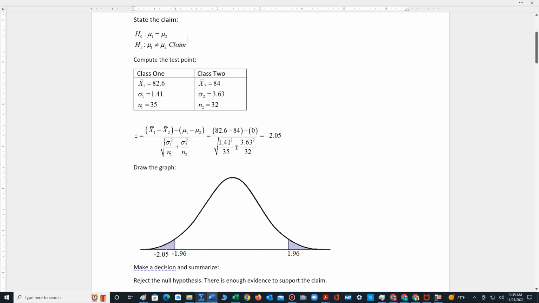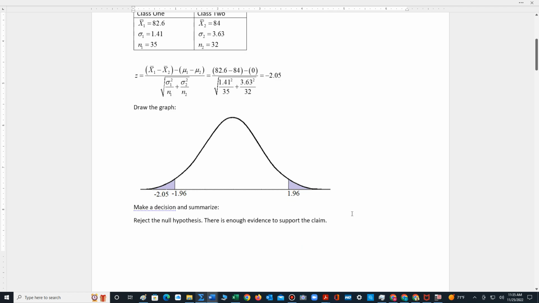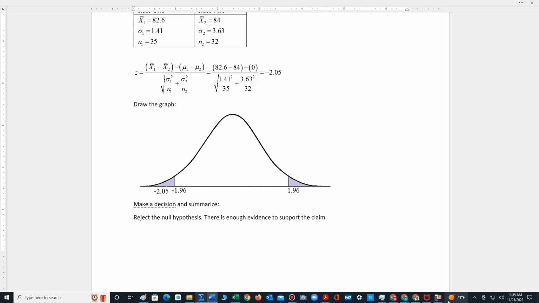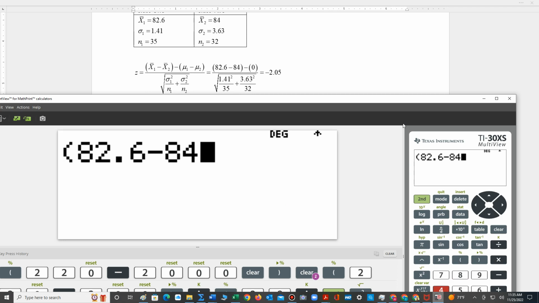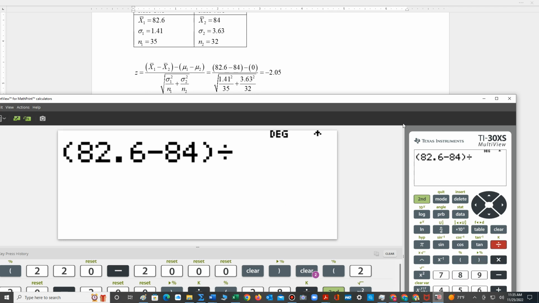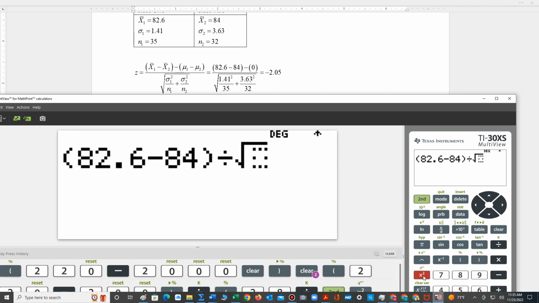What I'll do is I'll go ahead and calculate this test point using a scientific calculator just to demonstrate how to key in the values. So in the numerator, we use parentheses to encase the difference of the two sample means. And then we want to take the square root and we keep everything inside of the square root.